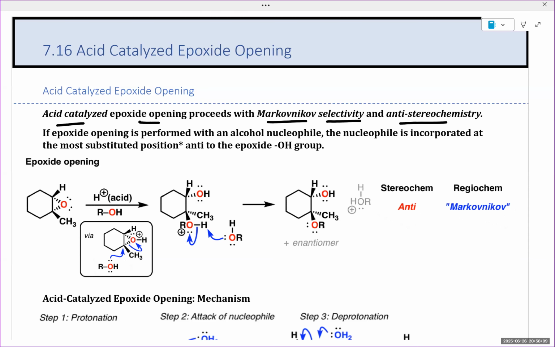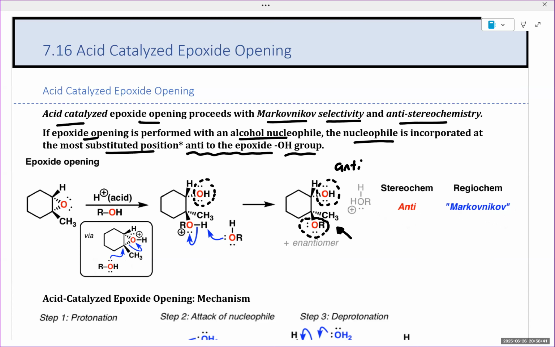So if epoxide opening is performed with an alcohol nucleophile, the nucleophile is incorporated at the most substituted position anti to the epoxide hydroxyl group. So, as we can see, the alcohol from the epoxide and the incorporated OR group are anti to one another.